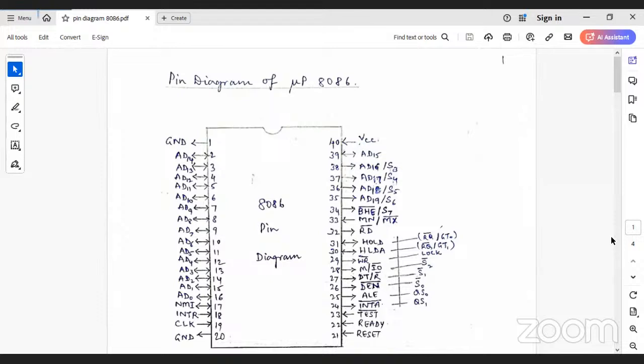Because some pins are the same there, just as your reset, then memory IO, read, write bar. So some signals will be similar there. Anything more you want to ask, you can ask.